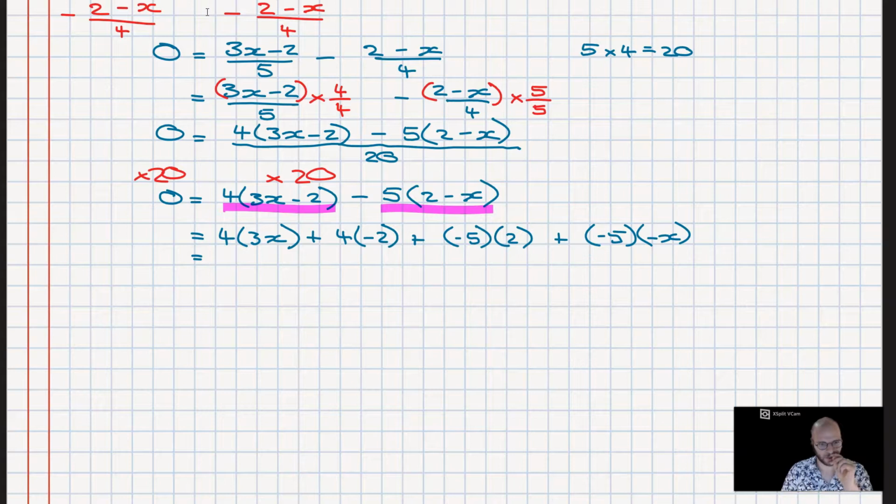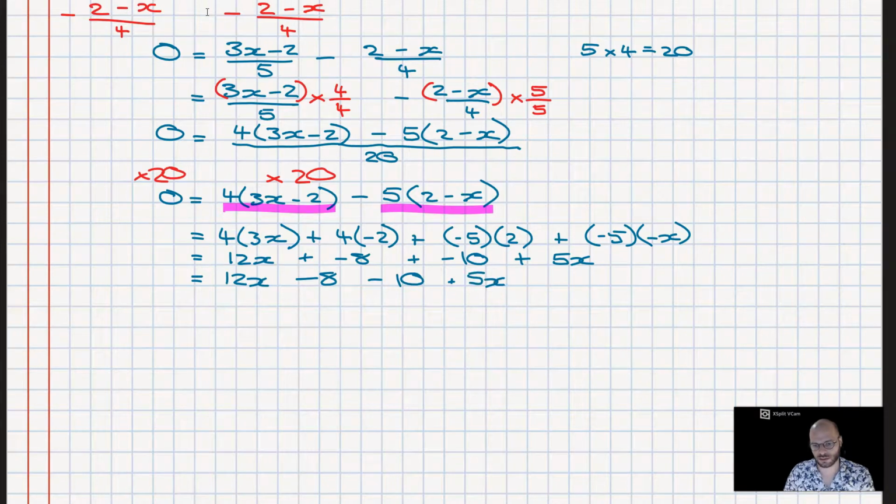Simplifying using algebra, 4 times 3x is 12x, plus 4 times negative 2 is minus 8, plus minus 5 times 2 is minus 10, plus minus 5 times minus x, double negative, that's going to be positive 5x. Rewriting without the superfluous pluses, 12x minus 8, minus 10, plus 5x.